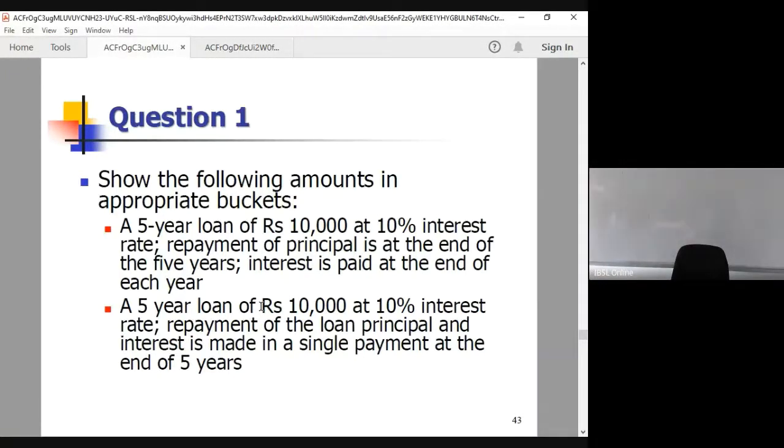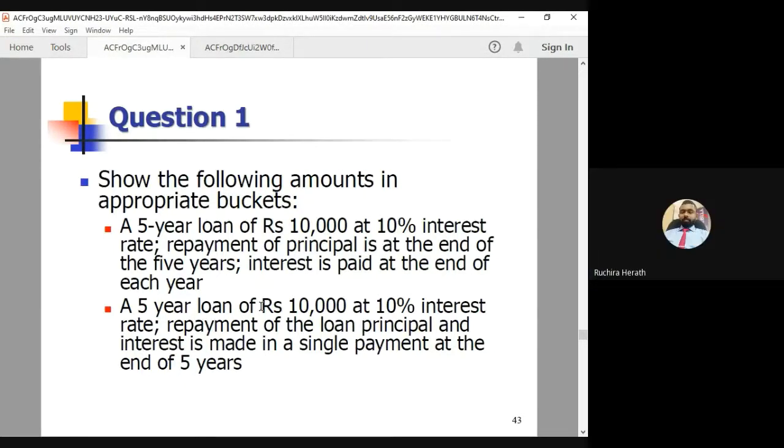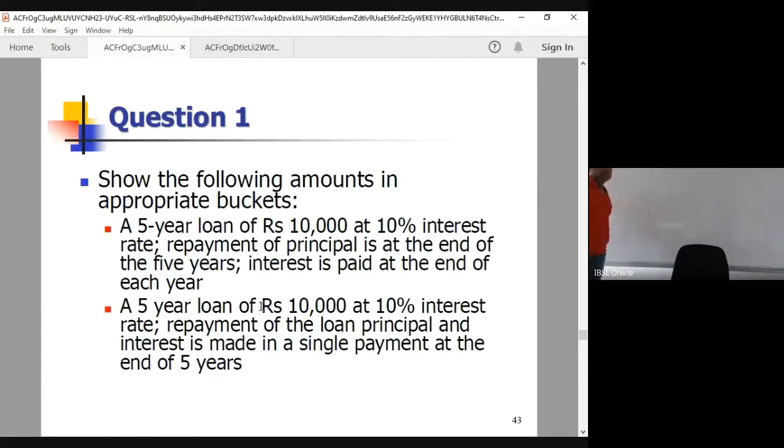Then what about the interest? Annually. In other words, 10,000 at 10% interest basically means 1,000 rupees. So without going into calculation, interest is paid here, here, here, and here, and then here you have principal plus interest for that year. Is that correct?